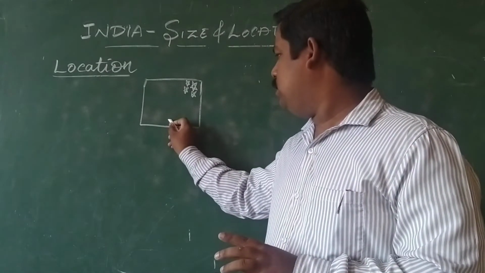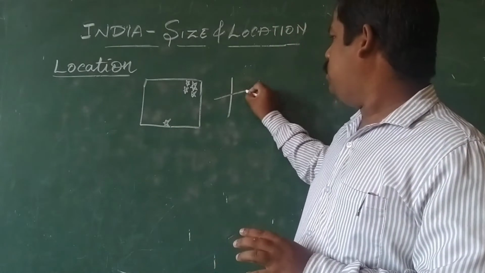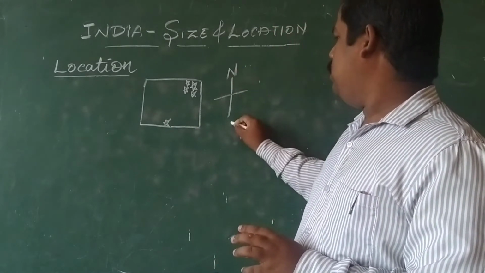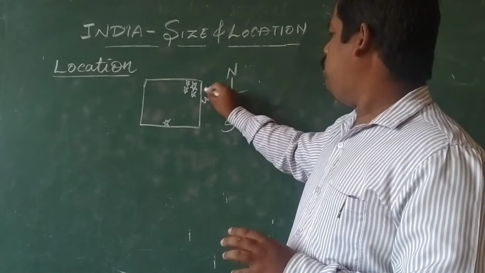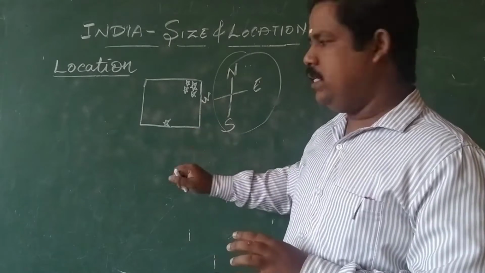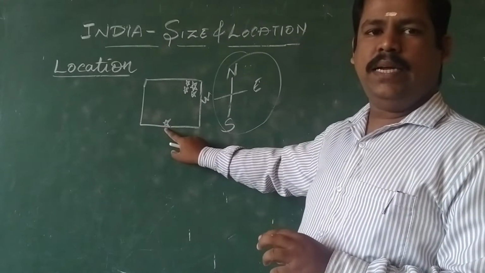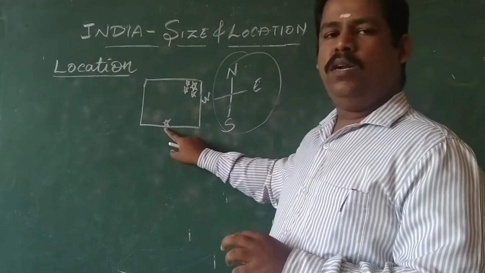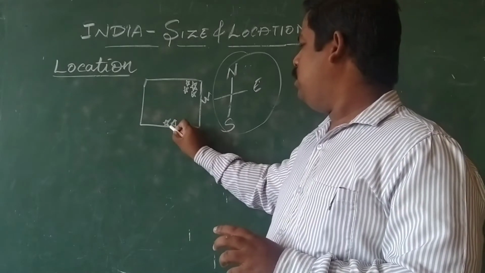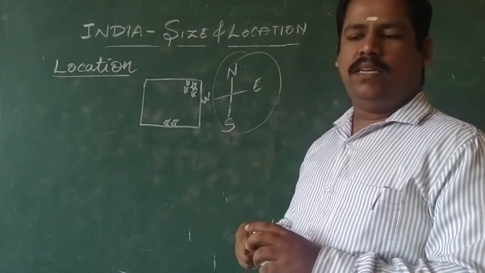Otherwise, if I draw a star here, we know the coordinate points north, south, west, east. Based on these directions, we can say this is located on the south side, right? Or if I draw one more star here, that is also located on the south side only.